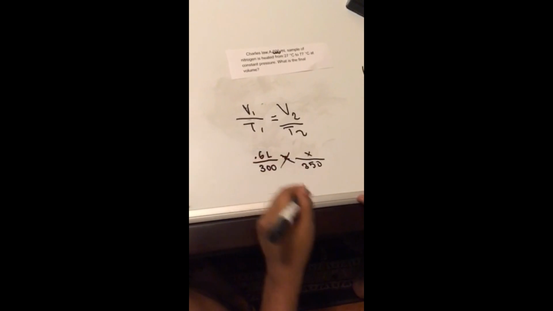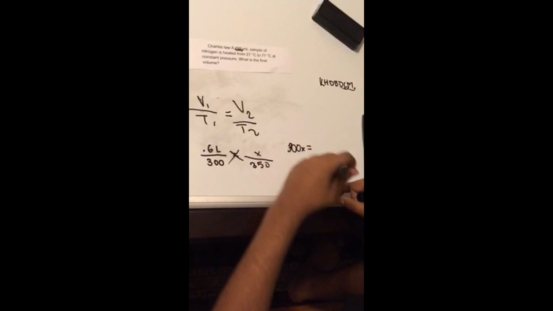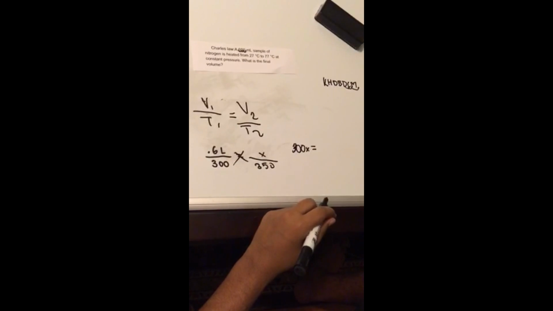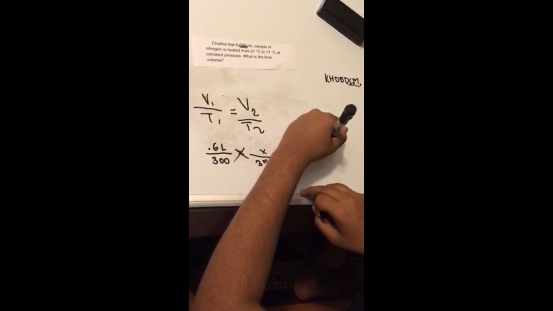So now we're going to be cross multiplying, and it would be 300 X equals 210.